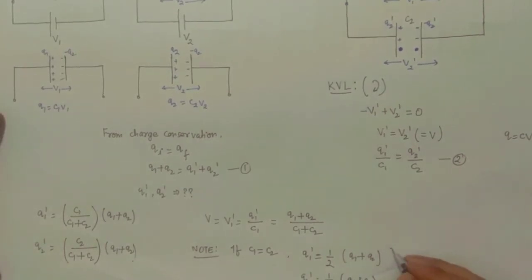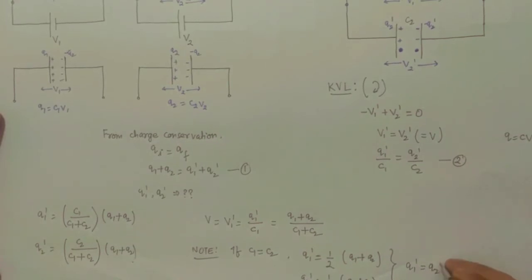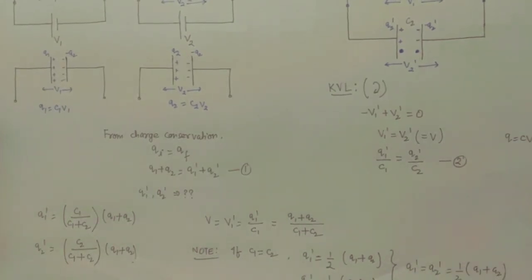So from here we are getting that if C1 equals C2, then the final charges on both the plates of the capacitors are the same, and this will be equal to 1/2, or the average of the charges on the plates of the two capacitors.